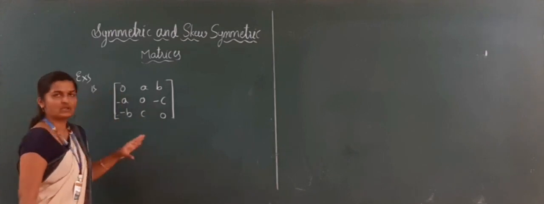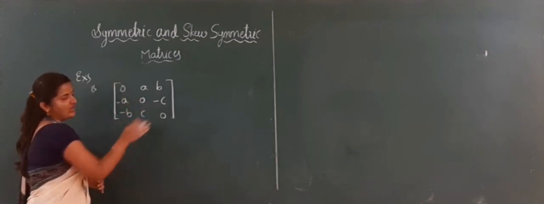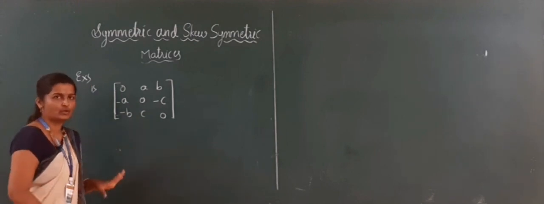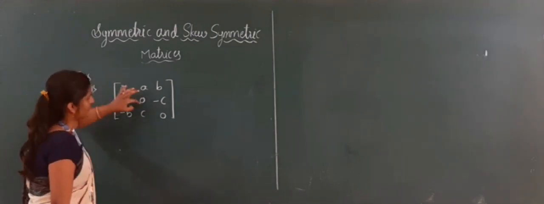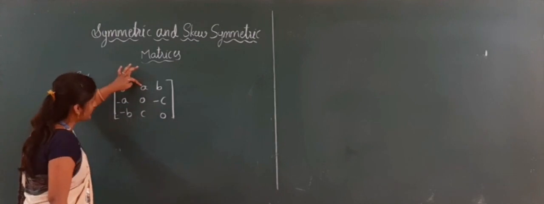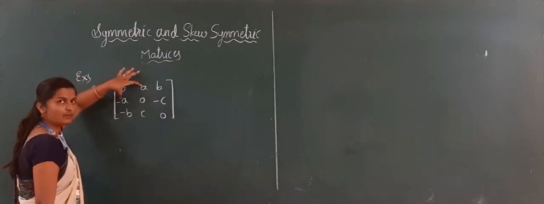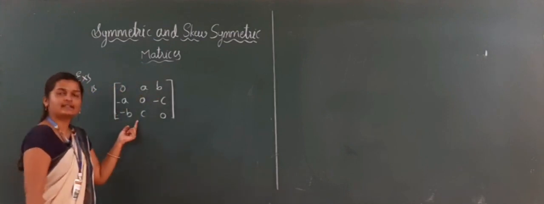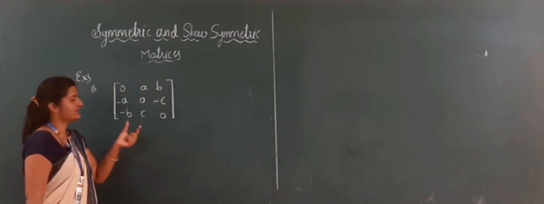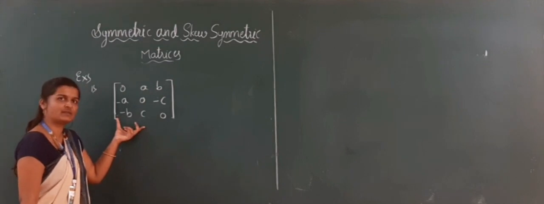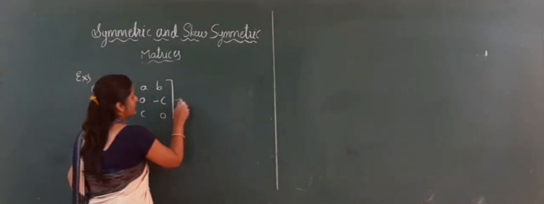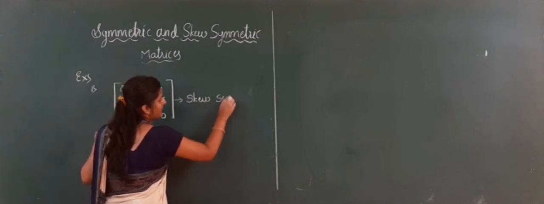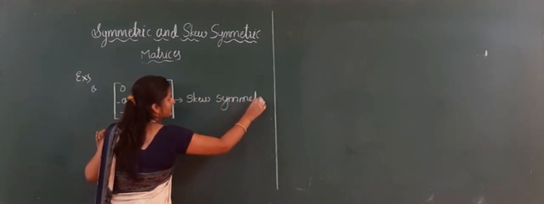After seeing only the diagonal elements, they are all equal to 0, so we can check for symmetric and skew symmetric both. Here 0, 0, 0, and this is A, the coinciding element is minus A; here B, minus B; minus C, C. So it satisfies the conditions of a skew symmetric matrix. So we can say that this is a skew symmetric matrix.